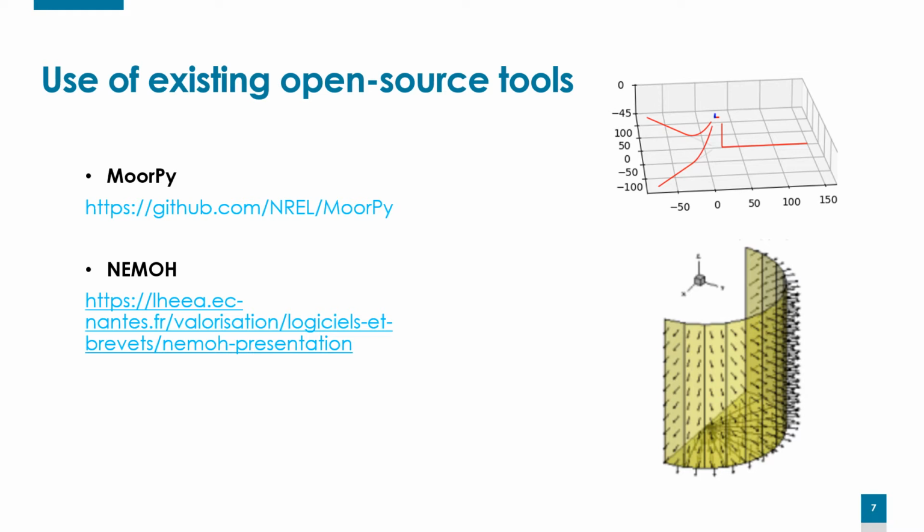NEMOH is a boundary element method code for the computation of first-order wave loads. Developed by École Centrale de Nantes, the mooring tool has been designed to import user-generated NEMOH format hydrodynamic parameters, but also includes the option of 2 default bodies that come supplied with the tool.